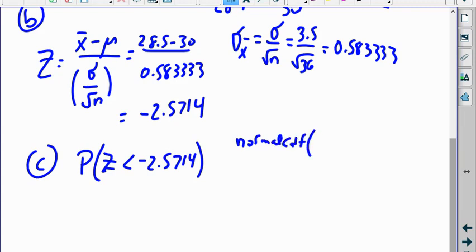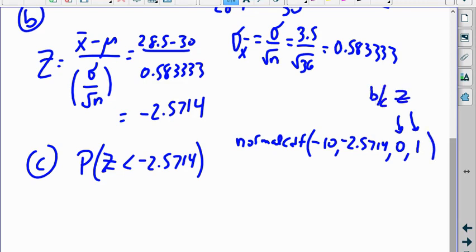If you want to use the Z numbers, use them. Negative 10, comma, negative 2.5714, comma, 0, comma, 1. Notice that that's because Z. If you're in Z world, you need to use Z's mean and standard deviation.